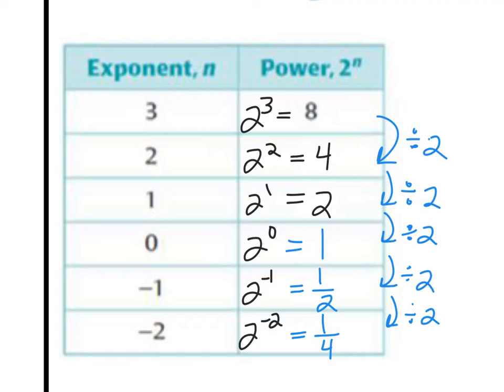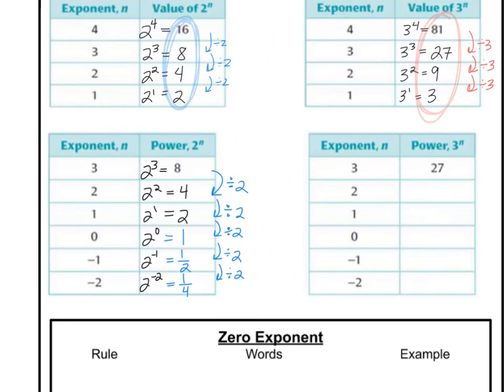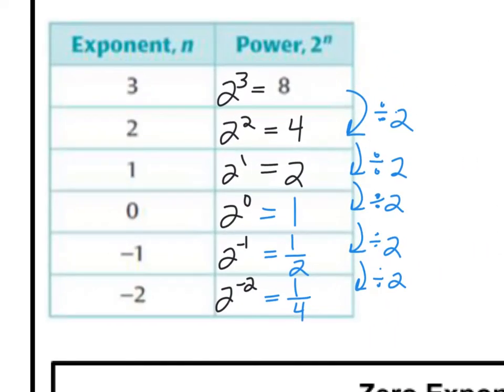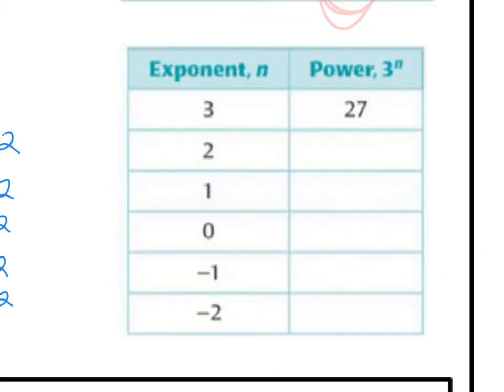So look at this table. We're going to do the same thing but for 3s. You already know the first 3 rows, and we know the pattern. We know the pattern divides by 3. You were given 3 to the 3rd.